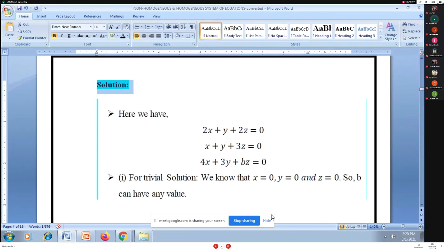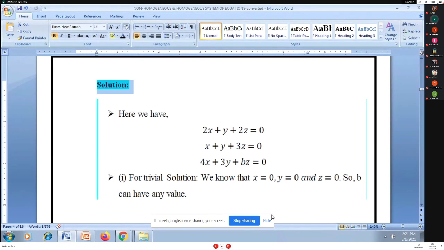If I substitute b as any real number, positive, negative, fraction, whatever I'm going to put, still I'll have x equal to y equal to z, definitely 0. So for getting trivial solution, I'll simply write b can take any value.